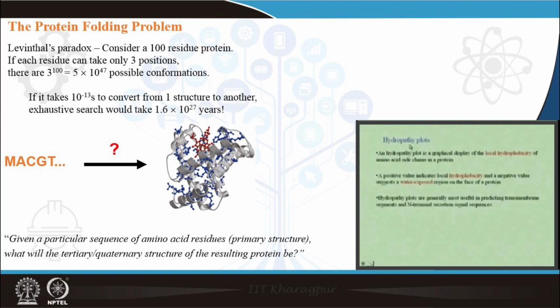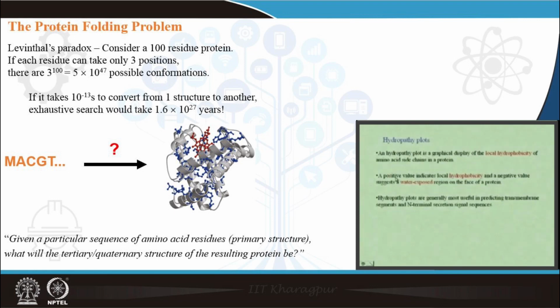This is what is called a hydropathy plot. What is a hydropathy plot? It is a graphical display of the local hydrophobicity of the amino acid side chains in a protein. And why do I want to do that? Remember, I showed you a table, which I'll show you again, which gives the hydrophobicity values of different amino acid residues.